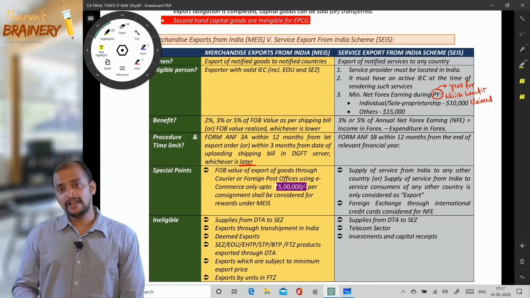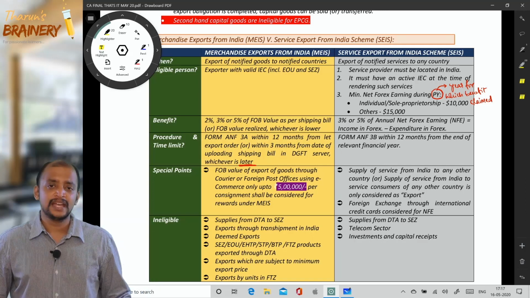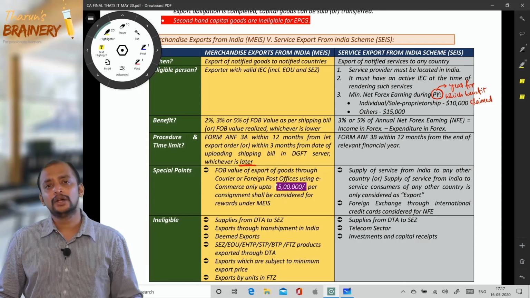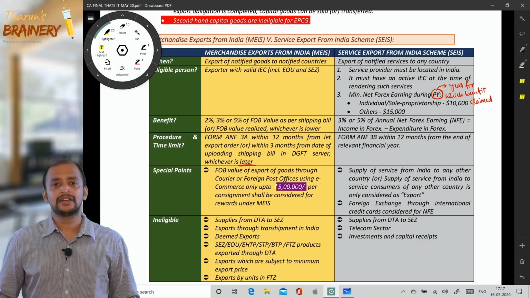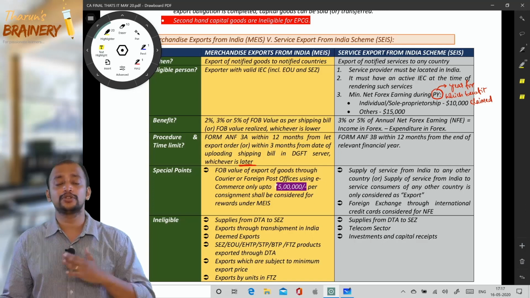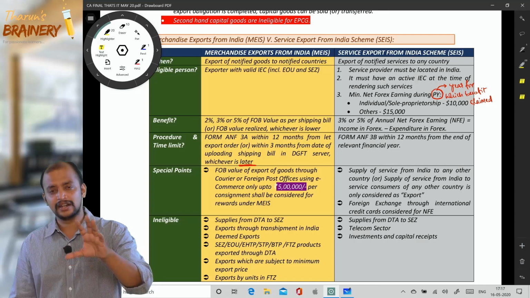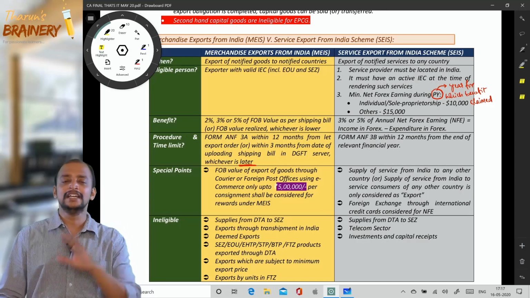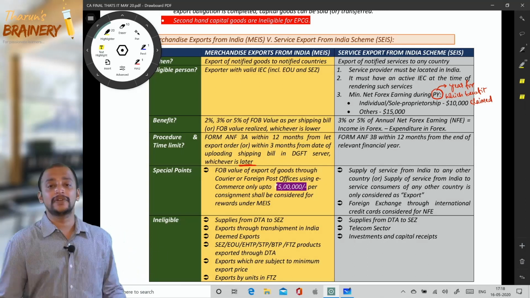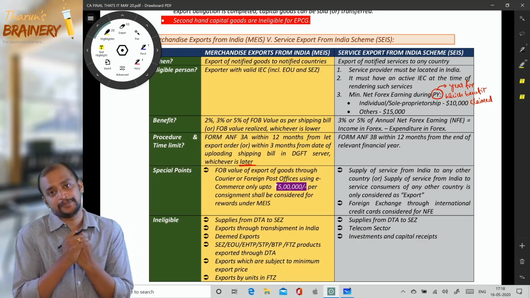For example, when I am exporting 500 crore worth of goods, 5% on 500 crores, that is somewhere 2.5 crores, because 10% comes to 5 crores and 5% 2.5 crores. I think it's wrong, 500 into 10% is 50 crores and 5% will be somewhere 25 crores. Okay, sorry. So 25 crores worth of credit scrip I will be getting.